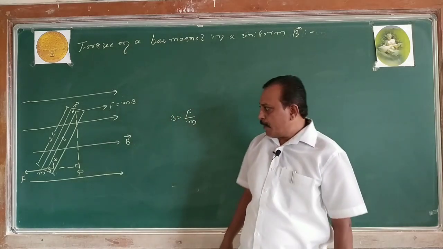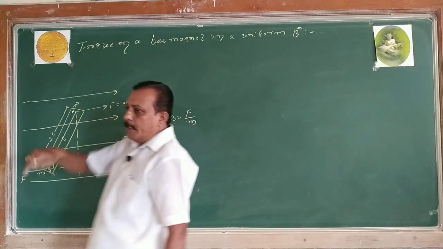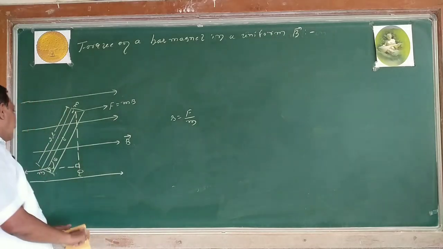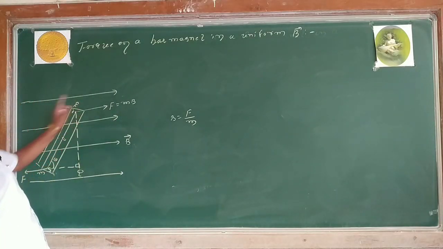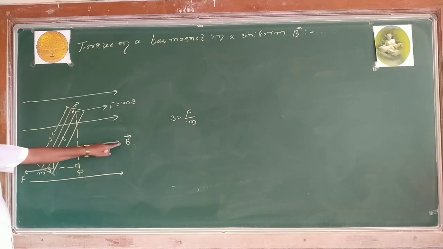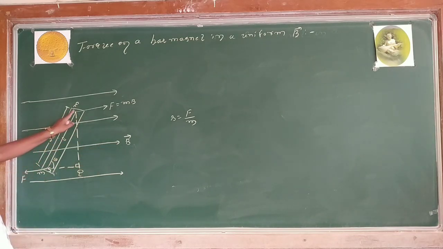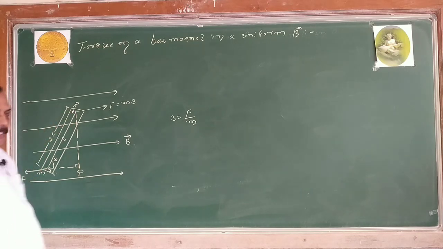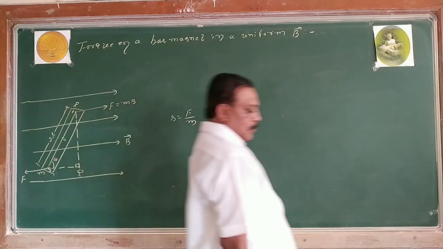Consider a bar magnet of dipole moment capital M, each pole having strength m, and theta is the angle made by the bar magnet with the direction of the magnetic field. So the two poles of the magnet experience forces which are equal in magnitude but opposite in direction, acting at two different points, and constitute a couple or torque.